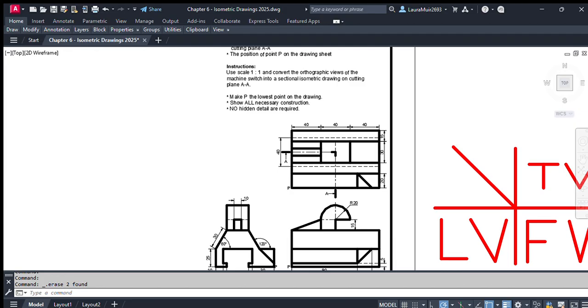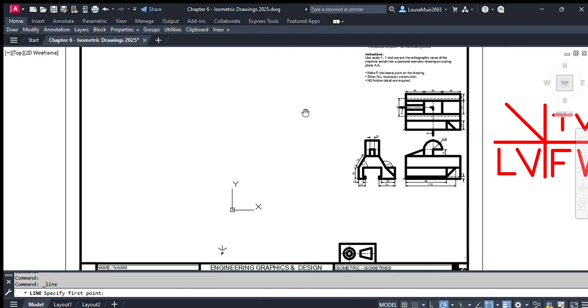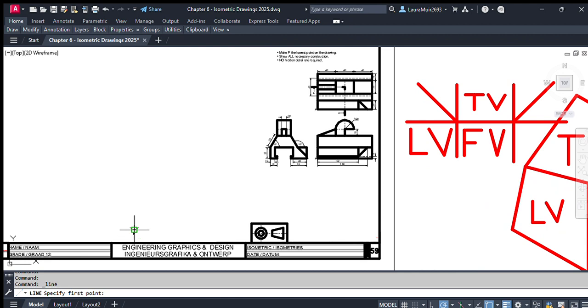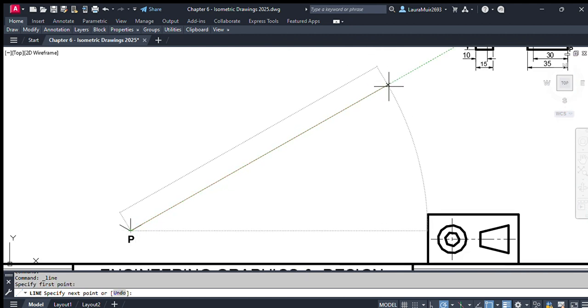So I've got 40, 40, 40, which is 120. So I know that from here at 30 degrees, I'm going to go back 120. Happy with that? Okay.